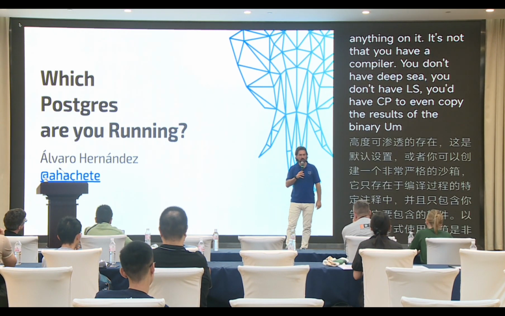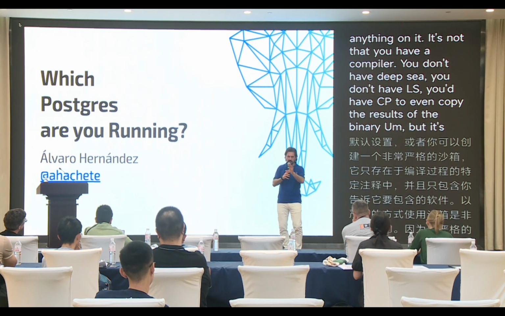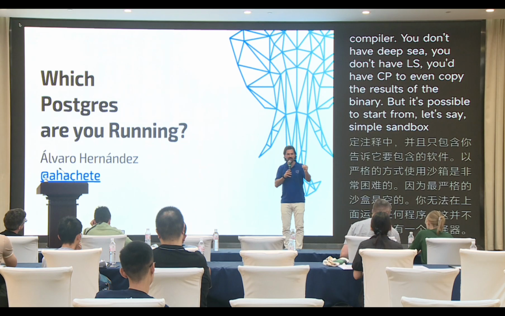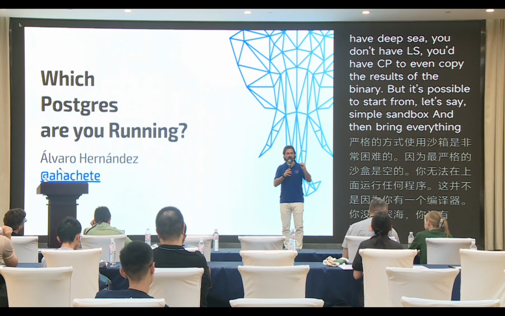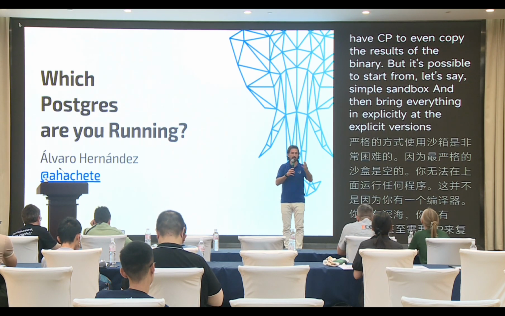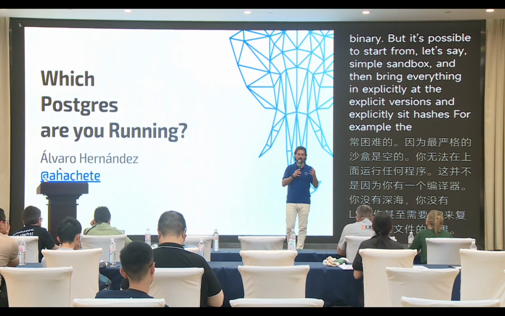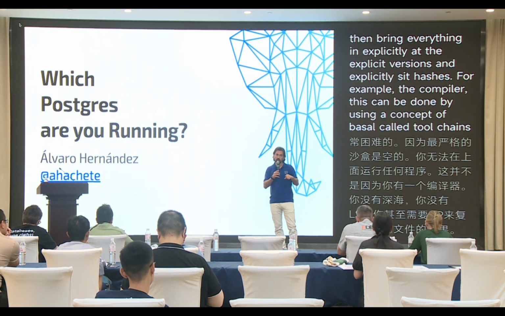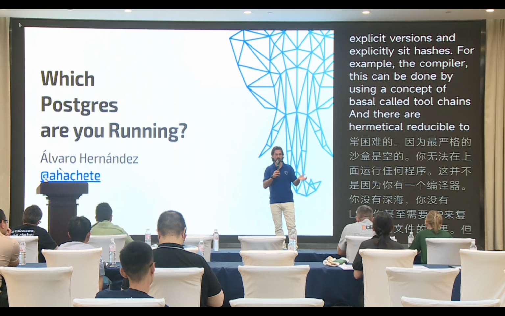But it's possible to start from, let's say, a simple sandbox and then bring everything in explicitly, at explicit versions and explicit hashes. For example, the compiler. This can be done by using a concept of Bazel called toolchains, and there are hermetic and reproducible toolchains available in the Bazel ecosystem.